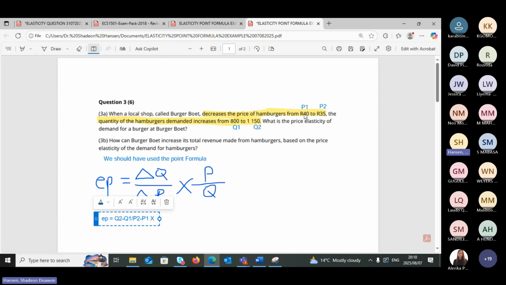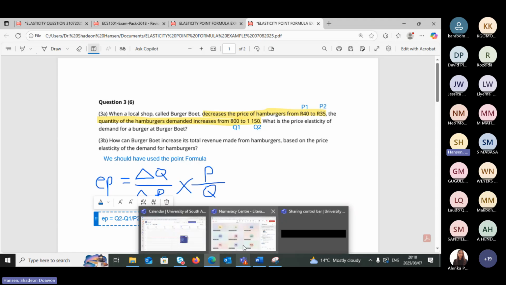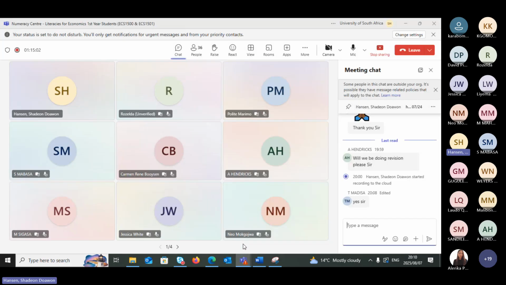Which price and which quantity do we use here? In this formula, where they didn't specify the point formula or the arc formula or elasticity at the old price or the new price, we always assume that it is our default price, which is our first price, P1, and our default quantity, which is quantity 1. Are we together, students?